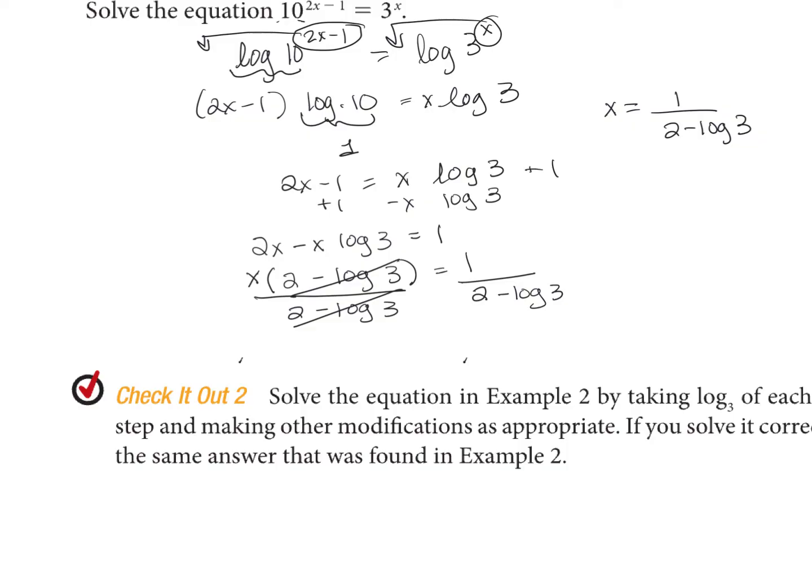Close the parentheses, and I get x equals 0.65661. Now, if I wanted to check this, I can say 10 raised to the power of 2 times the answer I just got. So I have 2 times second answer, minus 1, and hit enter. And I get this on one side.